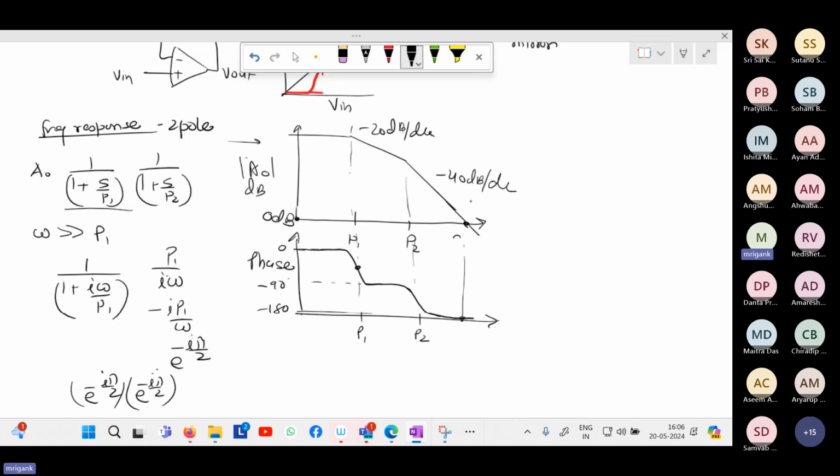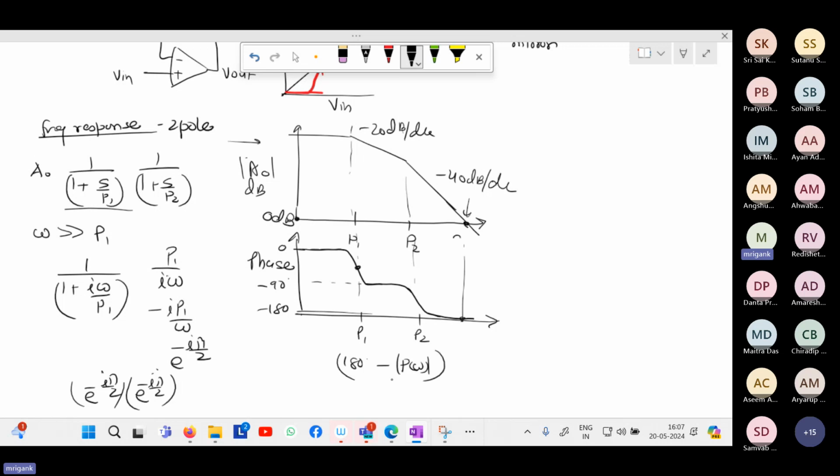So here, when we have two poles, there is a possibility that while the 0 dB point occurs, the phase has already shifted close to 180 degree, and therefore you don't have much phase margin. Right? For a feedback amplifier, the phase margin is equal to 180 degree minus the modulus of the phase of P as a function of omega.